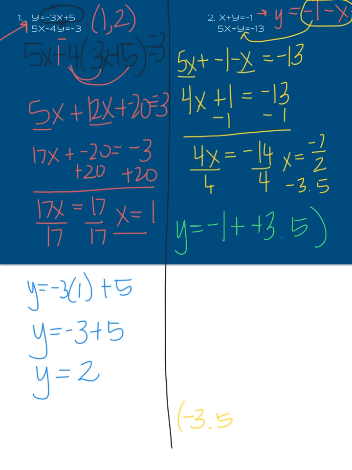Two negatives make a positive, so y equals 2.5. Ignore these end of parentheses. I don't know why I keep doing that. So my y is 2.5, so my ordered pair is -3.5, 2.5.